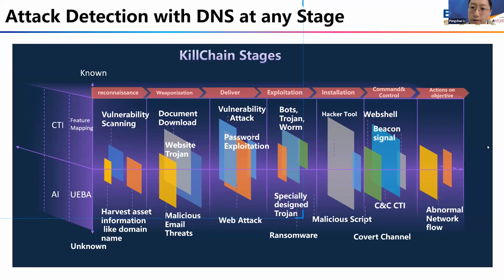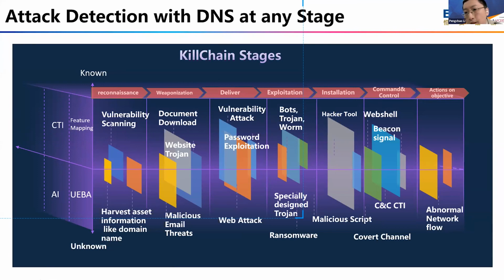Let's take a look at this graph, considering the kill chain model. Attacks usually are initiated in the way of an advanced persistent threat, APT, on the lower quadrant. DNS fraud can be used as a tool at any stage, like reconnaissance, weaponization, exploitation, installation, or whatever.